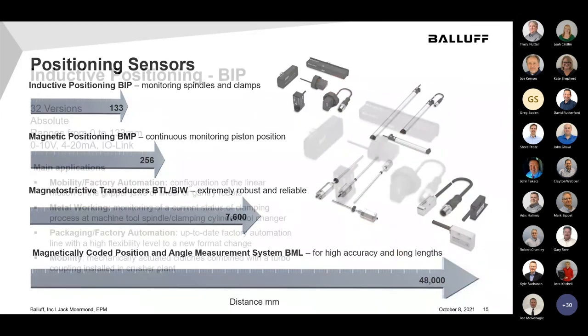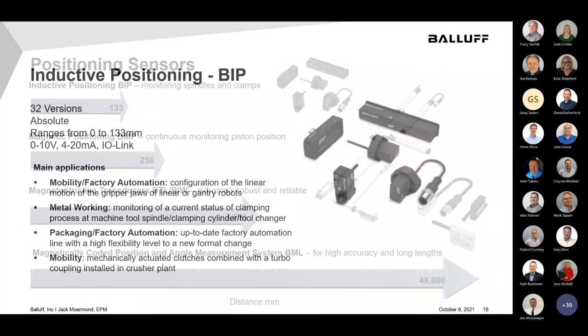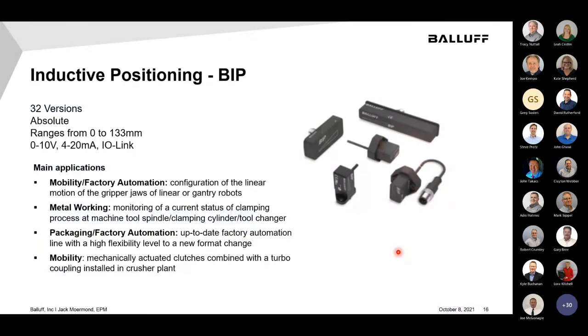With the BIP, we have 32 different versions. This is absolute. We can get analog, we can also get IO-Link. Typically, these are going to be used in gripper jaws and so forth to know what the position of the gripper is. Or you could use this for force.